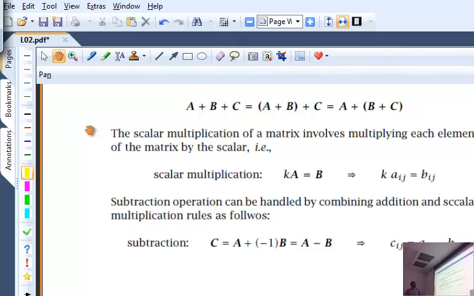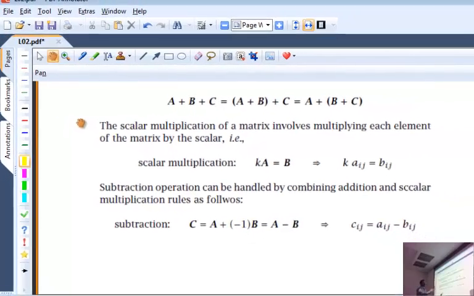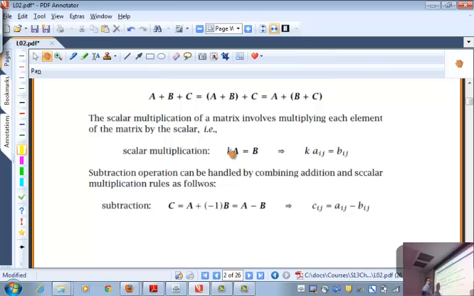So what is a scalar multiplication of a matrix? It simply means that every element in that matrix is going to be multiplied by that scalar value. So K times A is equal to B simply means Bij equals K times Aij. Whatever I show in the index notation is the actual implementation. If you're writing code in C or Fortran, you'll have to put a loop around that.